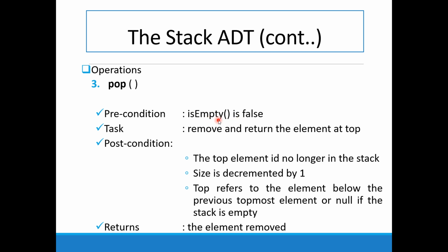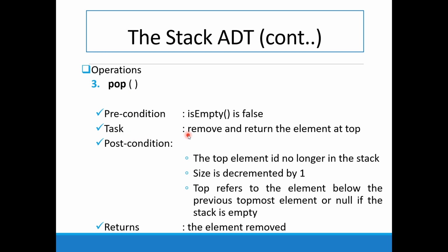Kalau dia empty, kita nak remove apa kan? So kita akan perform is empty operation dulu sebelum kita start to pop out an element. Check the stack whether it is empty or not. If empty, then it will skip the process. If not, if we run this code and the result is false, maksudnya ada value lah, not empty kan. When it is not empty, we can perform the pop operation.